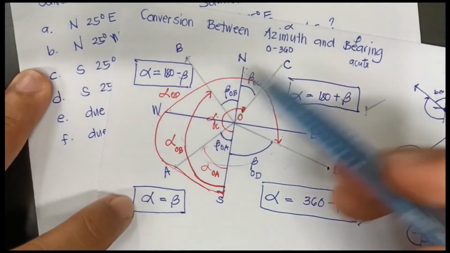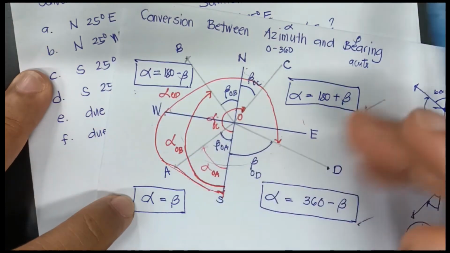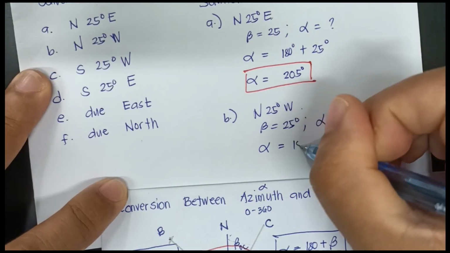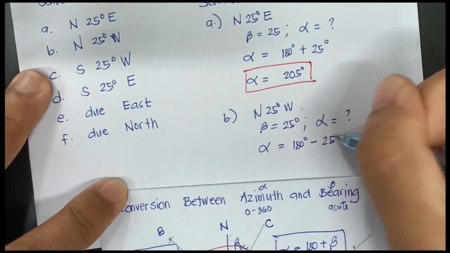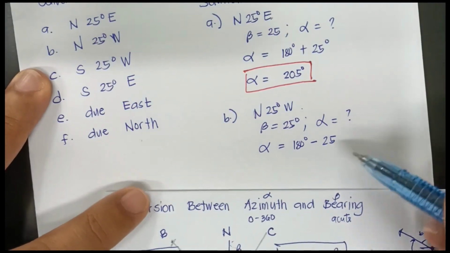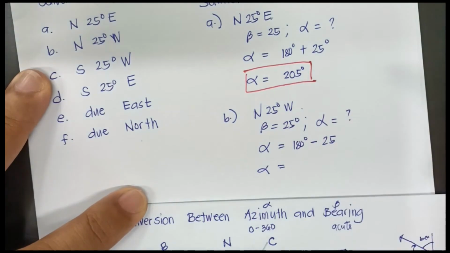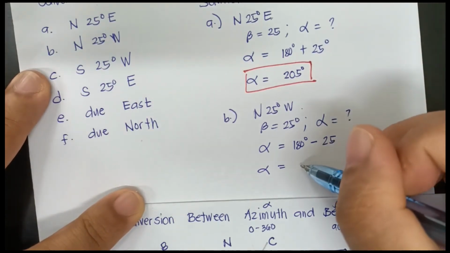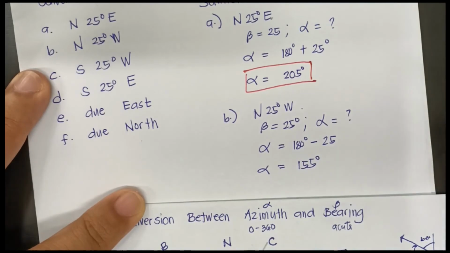That is a northwest quadrant, so you have to use this relationship, which is alpha is equal to 180 degrees minus 25. Simplifying, 180 minus 25 will give you 155 degrees.